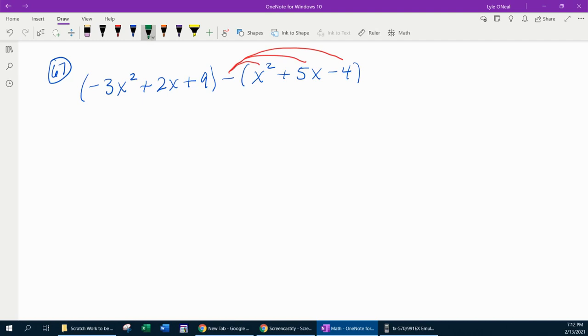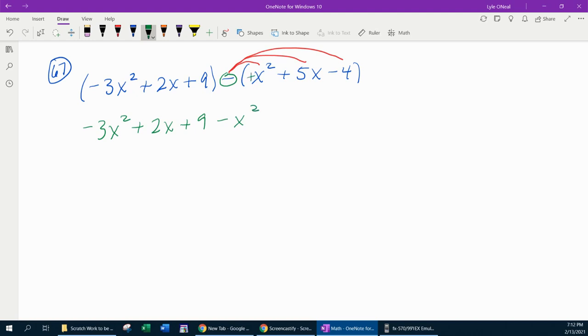So the first set of parentheses is just going to come down. Since there's no sign in front of the parentheses, that's an understood plus. And a positive means that those terms are going to remain the same. They're not going to change. But the minus in front of the set of parentheses has to distribute and change the signs.